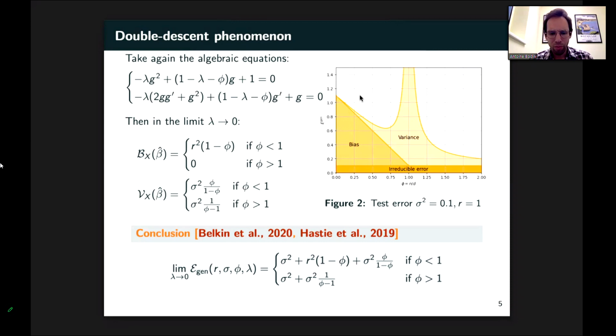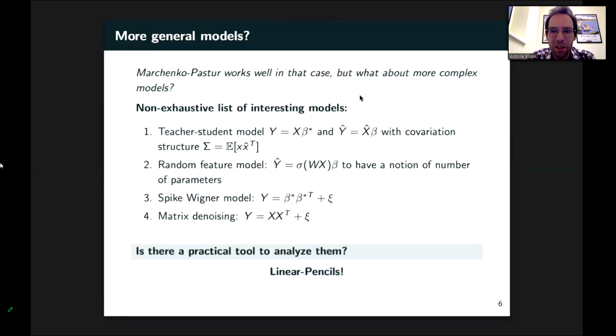Okay, but now the problem here, I think, is that you would say it's quite a simple model. How do you go beyond that simple case that the Marchenko-Pastur expression can just tackle off the shelf? As an example, there are many different models that you could think about.